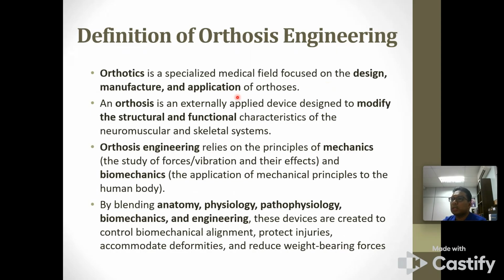So an orthosis is an externally applied device that has been designed to modify the structural and functional characteristics of the neuromuscular and skeletal system. For example, if you are using a power tool such as a drill, you want to drill a hole at your home, maybe to mount something.